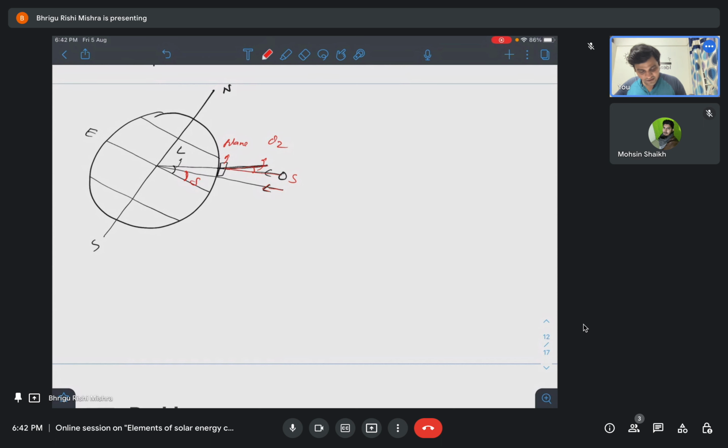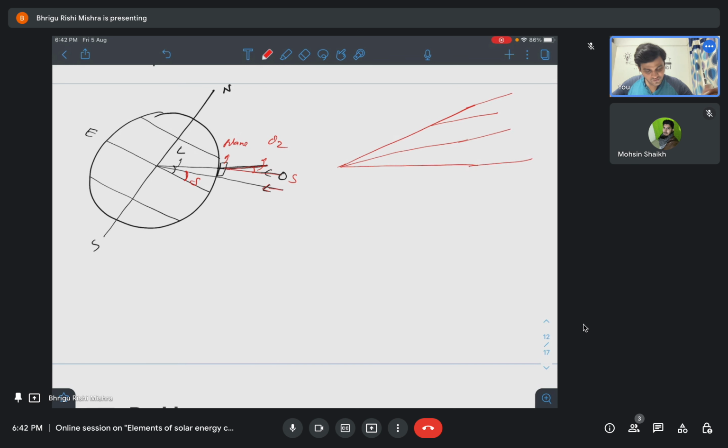To make it better, I can draw it separately. For example, this is the common line, and these are two parallel rays.